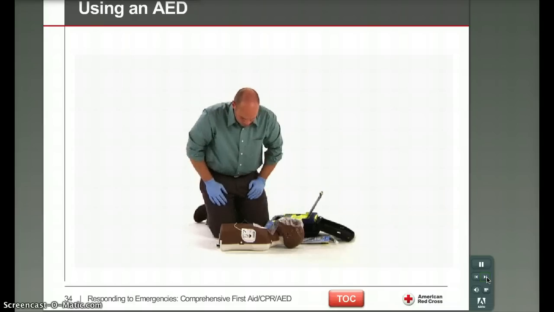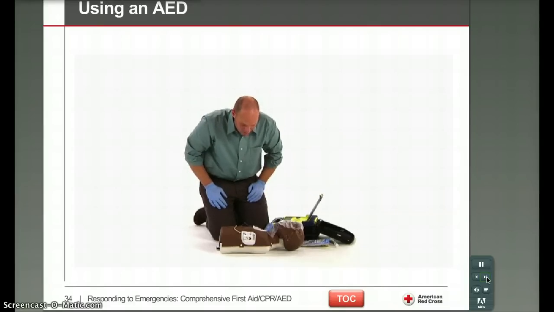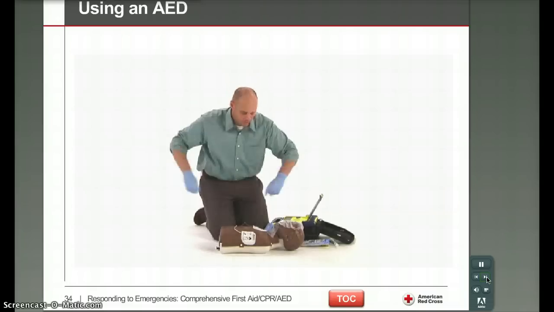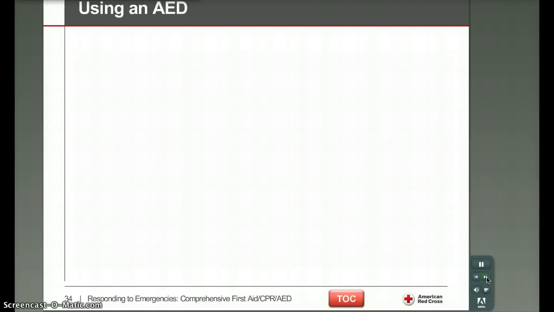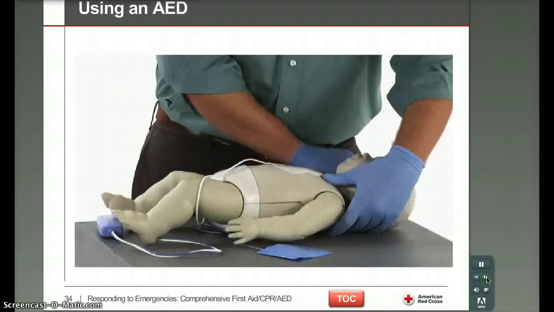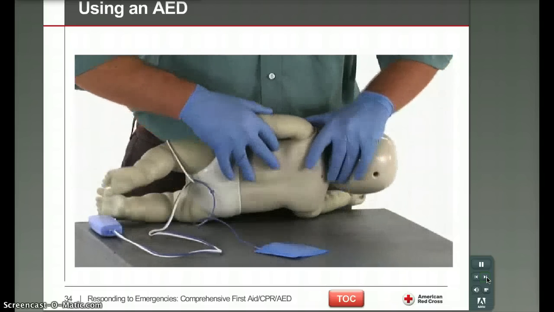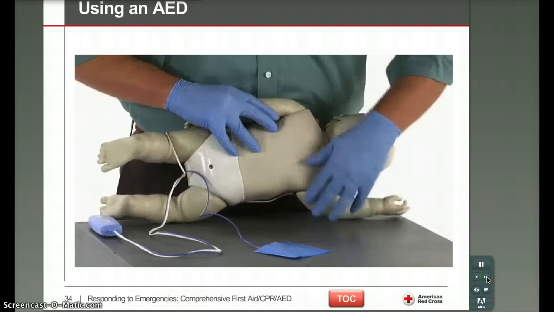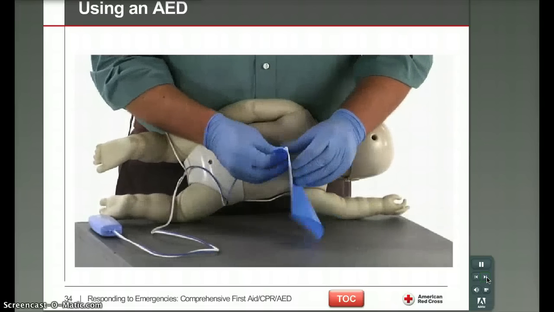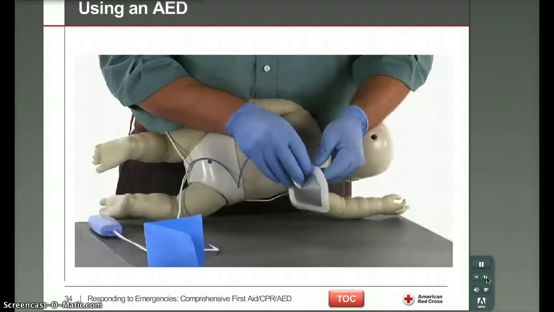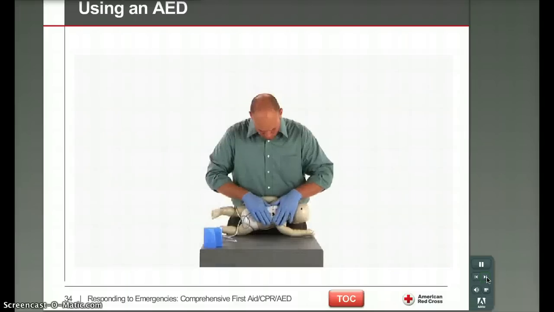Do not touch patient. Analyzing heart rhythm. Everyone stand clear. For a small child or infant, the pediatric pads may be too large to fit on the chest without touching each other. You may need to attach one pad on the center of the chest and the other on the back between the shoulder blades.